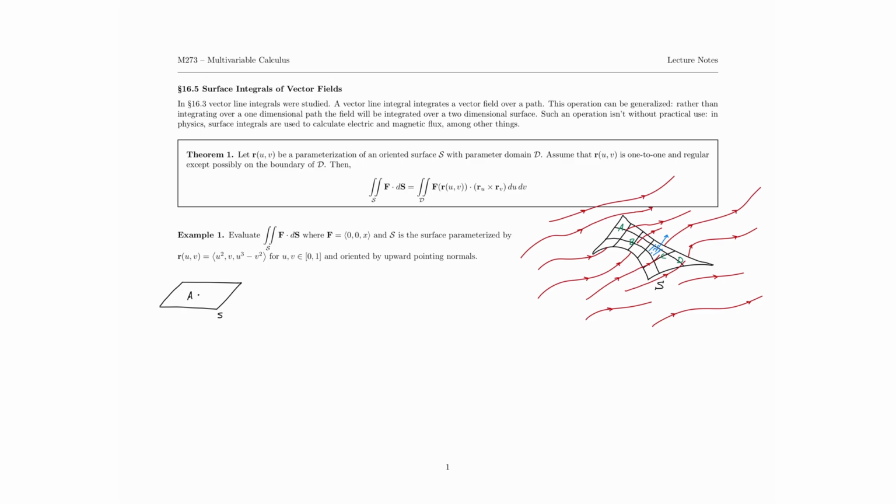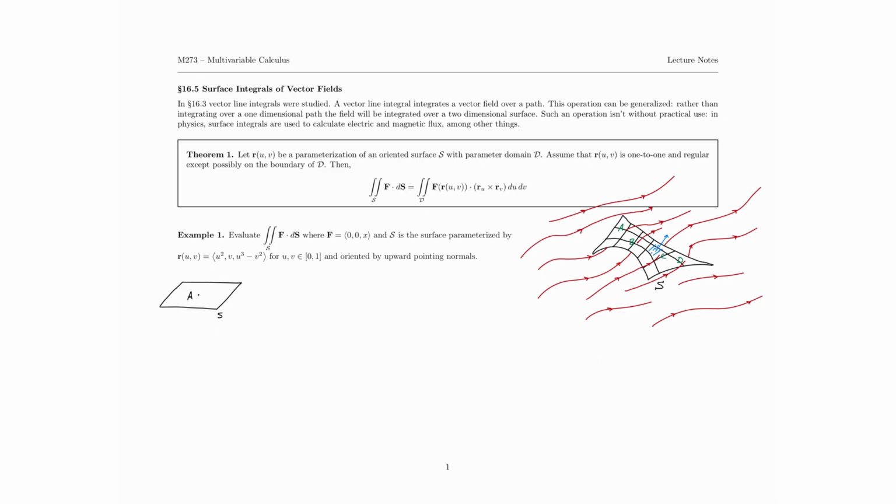Even though this surface is most certainly curved, when you zoom in sufficiently close, a curved surface is approximated by its tangent plane. So if we zoom in on the point A very close, then eventually the surface S looks like its tangent plane at this point A.